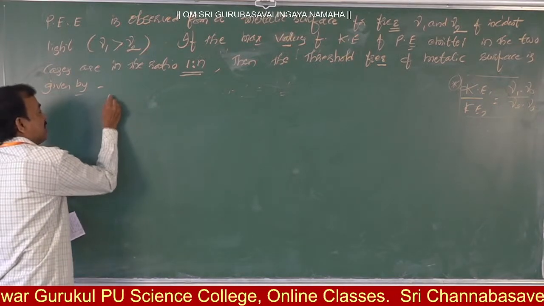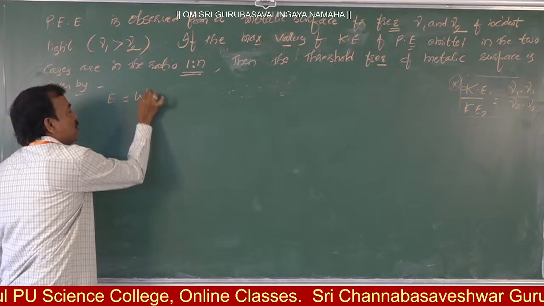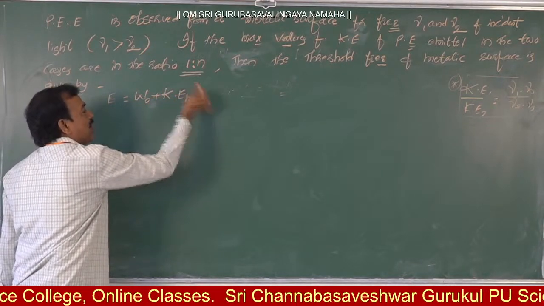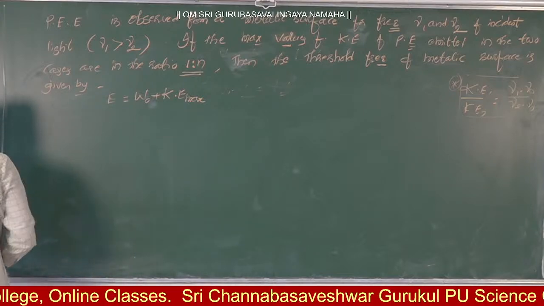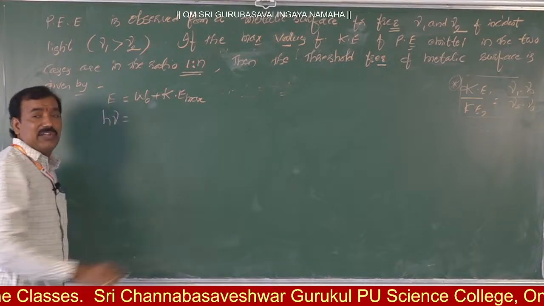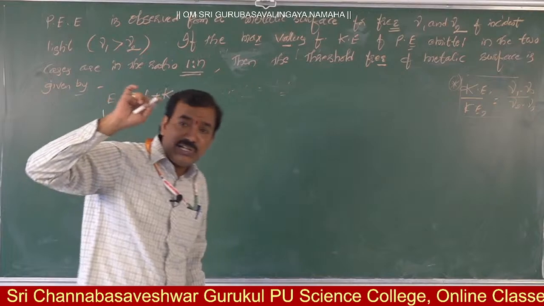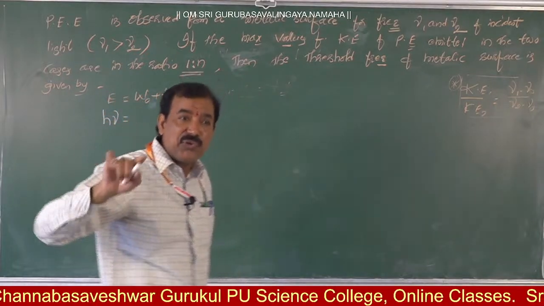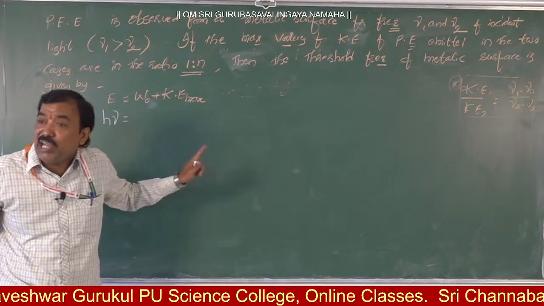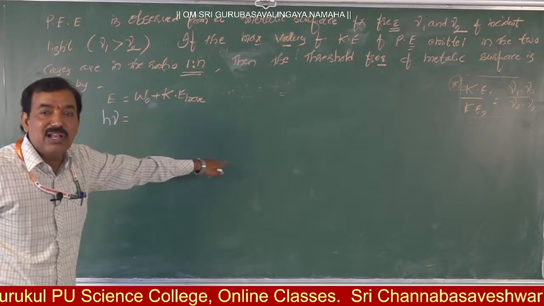Energy E is equal to W0 plus Ke max. Energy E is equal to h nu, since the incident light frequency is given. Whenever incident light frequency is given, you have to use this equation. Suppose the incident light wavelength is given, then the formula is hc by lambda.